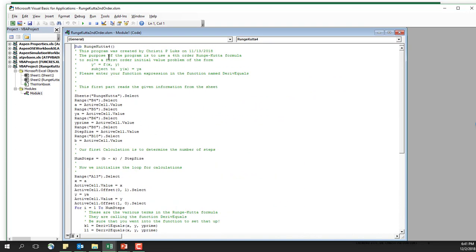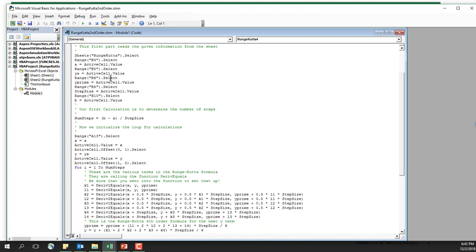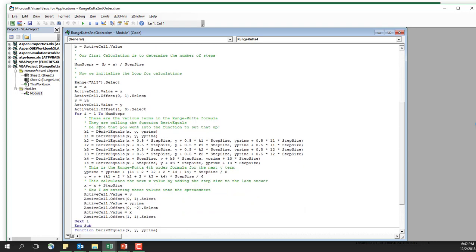Now, most of this code really was the same as what we had before. I'm reading the numbers, but now in addition to reading y, I'm reading y prime from the original screen. So I need an extra initial condition to read in. The rest of all of this, initiating everything, is the same as what I had before. Now I start my loop. And so for each of the steps that I'm going to take, I'm going to calculate K1, L1, K2, L2, K3, L3, K4, L4.